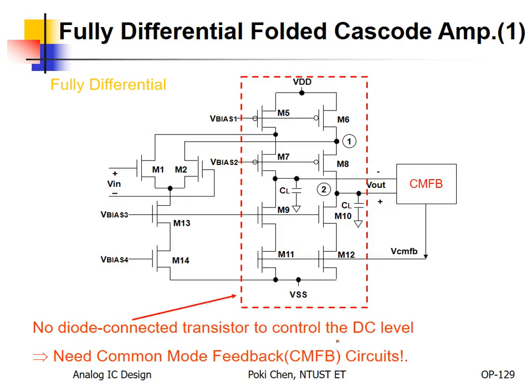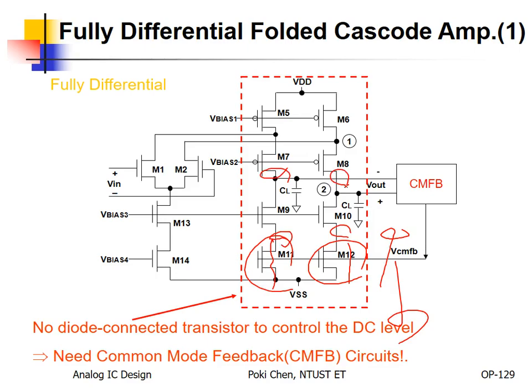If you increase the output of the common mode feedback circuit, M1 and M2 will get higher VGS. Higher VGS means what? Lower resistance, more conductance, right? So because the resistance here is reduced, the voltage here, and on top of it, the voltage there will also be reduced. Bingo.